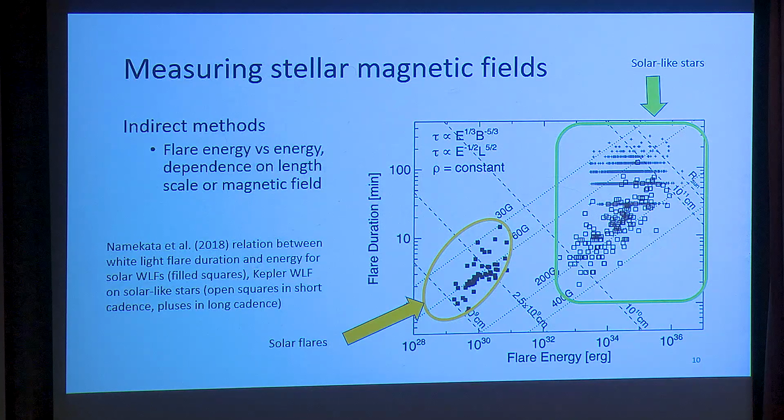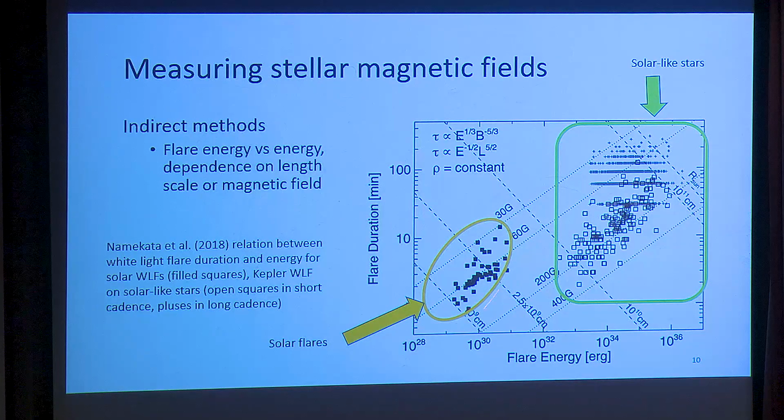There are other indirect methods. This is a plot from Kosuke Namekata-san, showing that if you do twiddle physics and say that the flare energy depends on duration, you can work out that there are dependencies on the length scale of the emission or the magnetic field, and then you end up with this plot of flare energy versus flare duration.